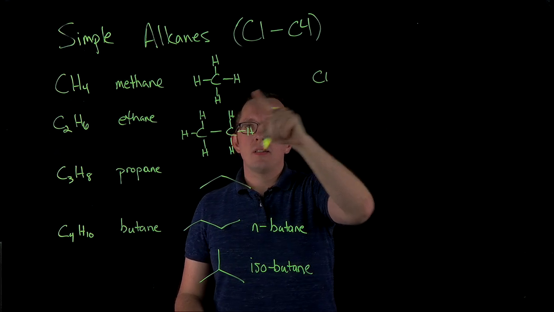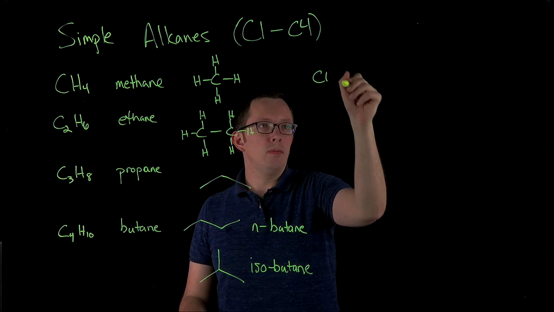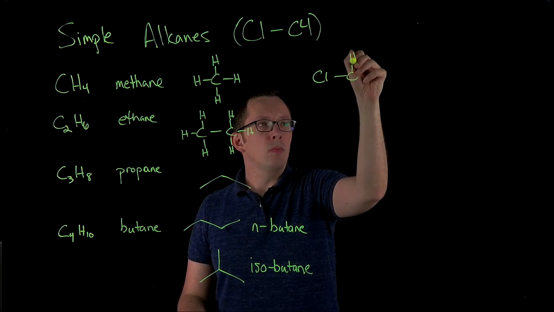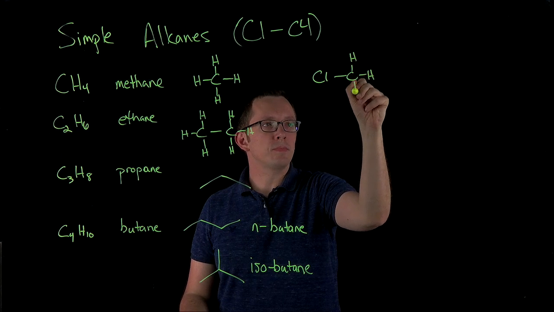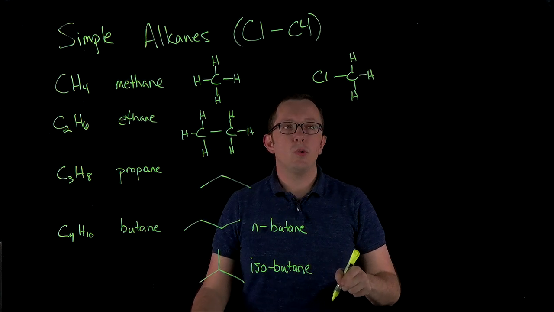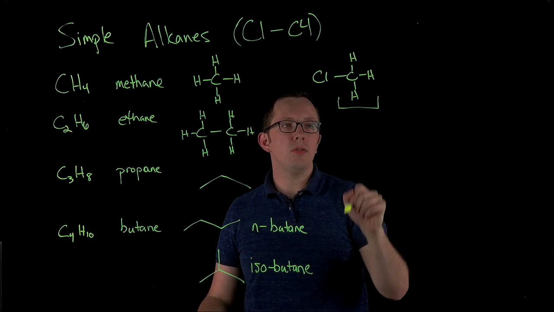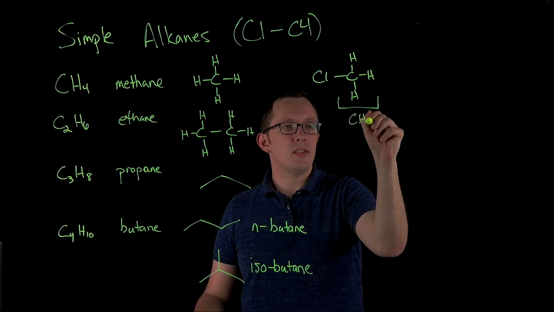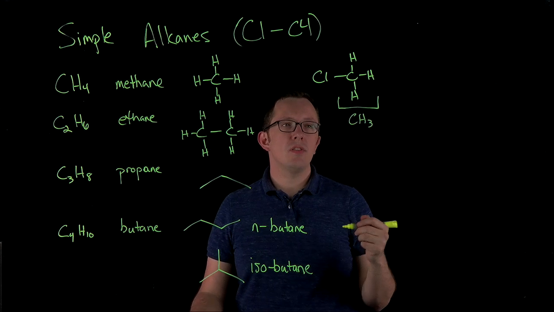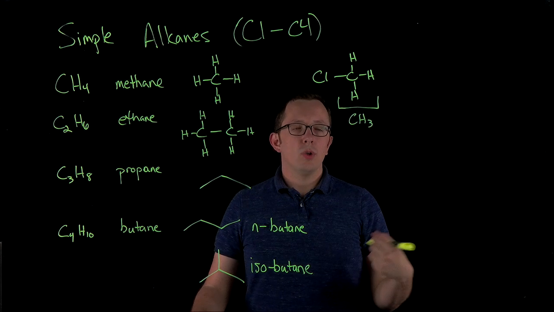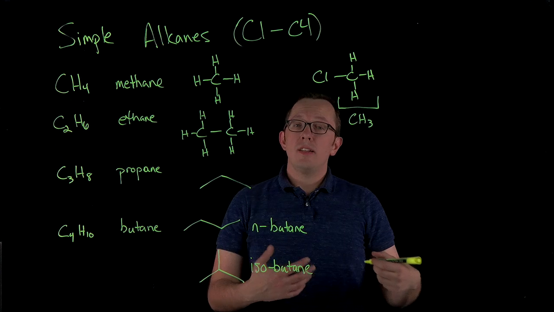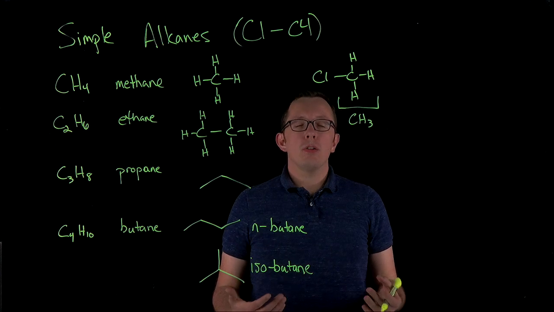So when we replace this hydrogen with a chlorine, we end up with a carbon unit here, which is a CH3 unit. And so this CH3 unit, we're going to give that a special name to denote that it's not a whole molecule, but is part of the molecule.